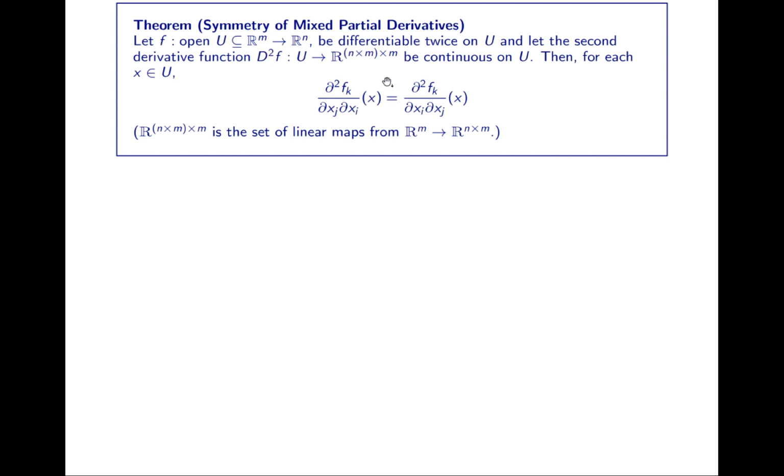By the way, what do I mean by Rn by m by m? Well, I mean the set of all linear maps from Rm to Rn by m, because the domain U is in Rm, and the outcome of the second derivative is the same thing as the outcome of a first derivative, which would be an n by m matrix.